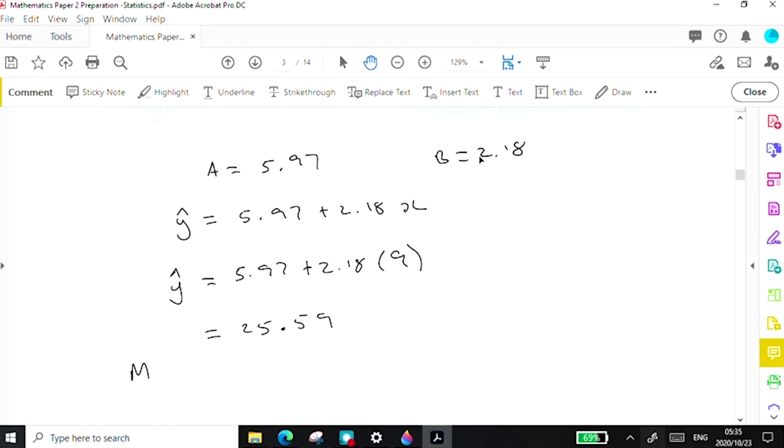Since we are estimating the monthly income, we need to multiply the y estimate by 1000, and we get the monthly income. In rands, it should be 25,590. So the monthly income estimate is R25,590.